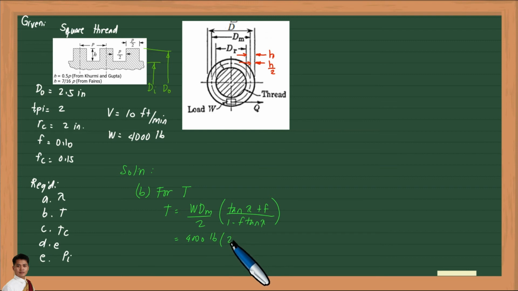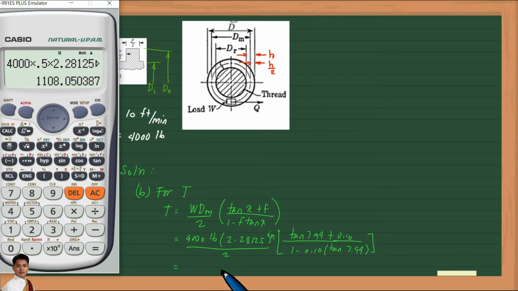Then, yung DM kanina ay 2.28125. Then, yung ating lambda, 7.94. Then, yung coefficient of friction, 0.10. So, over 1 minus 0.10 multiplied by tangent of 7.94. So, ang torque natin dito ay 1,108.05 pounds itong weight. And then inch itong dm. So, inch pound yung ating unit.